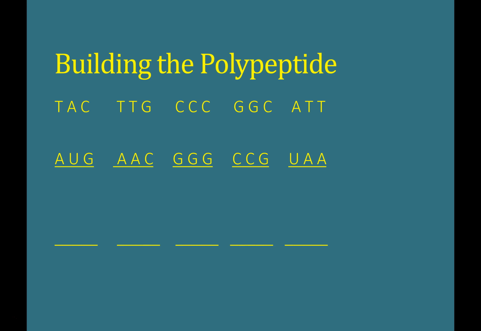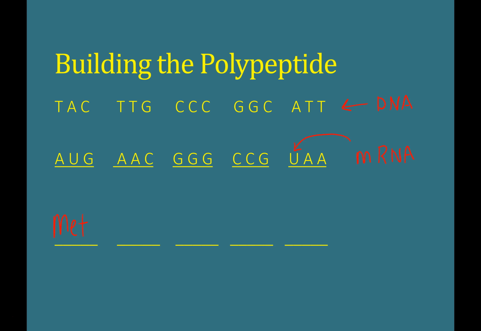Now let's see what we got. We know once again that this is DNA, and we know it's DNA because of the T's. We have then made, or we coded for, 5 codons, and they're mRNA, and you know that once again because of the U's. So now if I look on my chart, I know that AUG is methionine, MET.